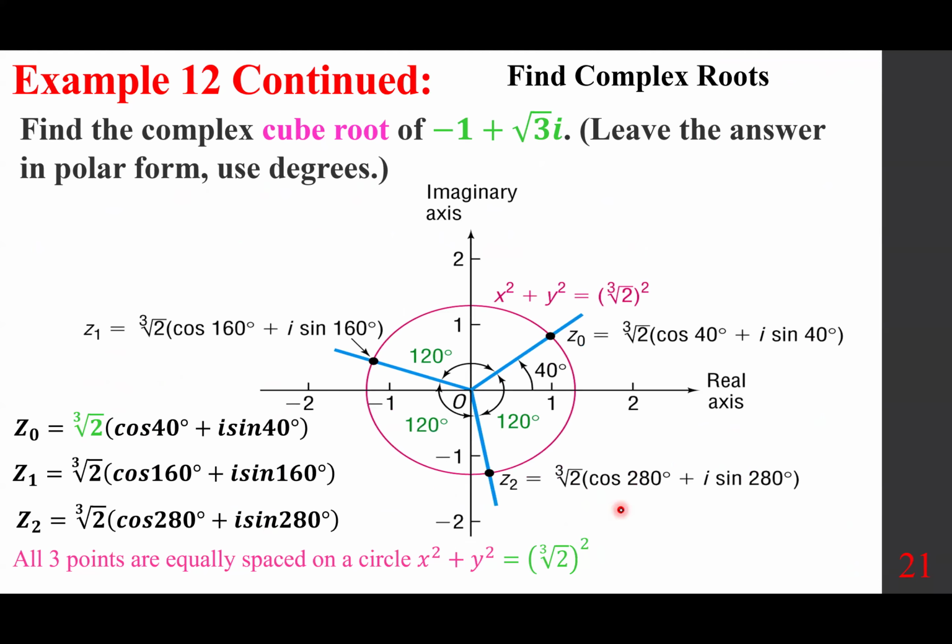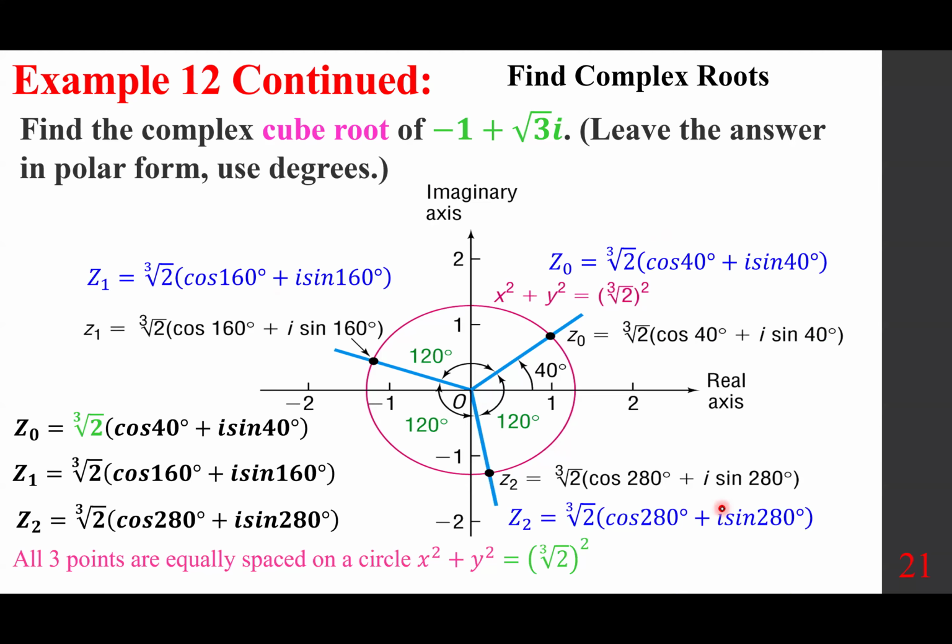So take a look. X squared plus y squared is cube root of 2 quantity squared. One is at 40 degrees, one is at 160 degrees, and one is at 280 degrees.